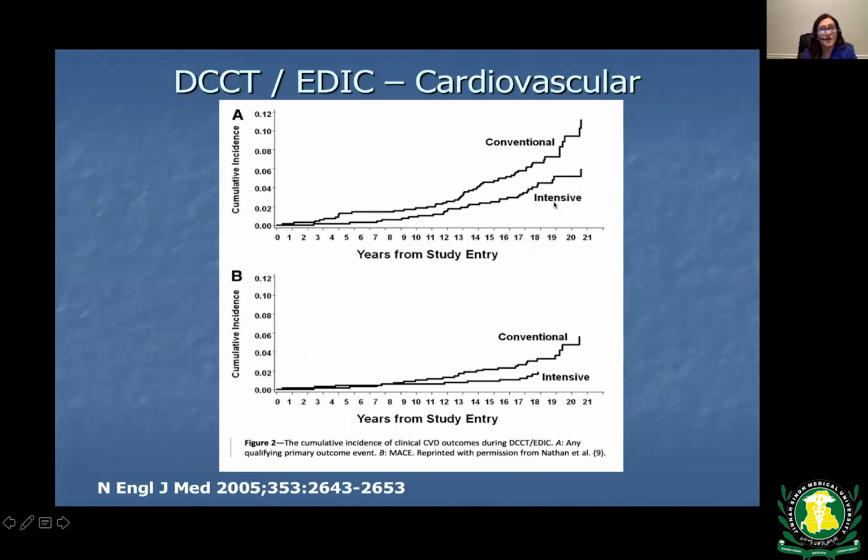And this graph here represents the DCCT trial, which was one of the largest and the longest trials in the history of diabetes, which has uniformly shown that intensive control of diabetes prevented complications across the board and reduced mortality.